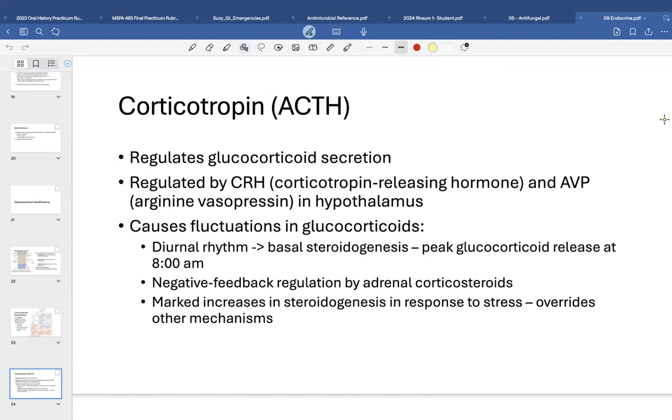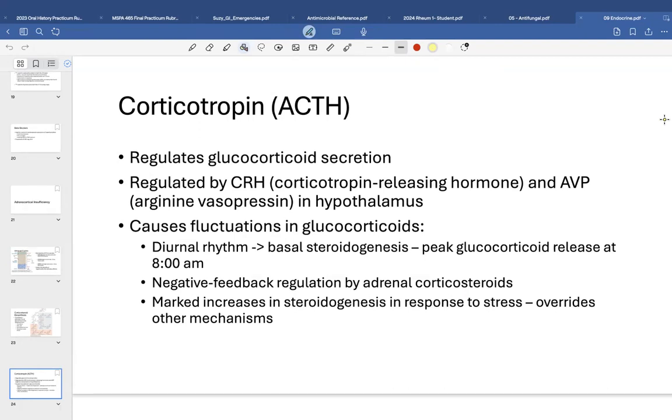But it's important in just everyday homeostasis, and then has times where under stress or under some sort of immune stimulation, we'll see peaks in its release.